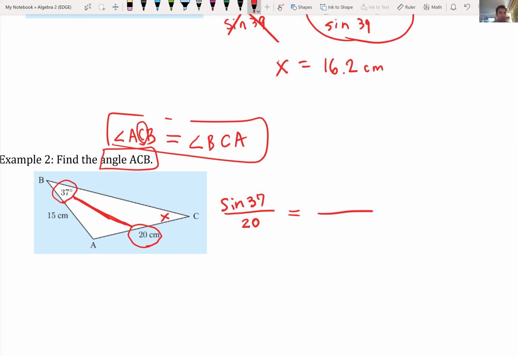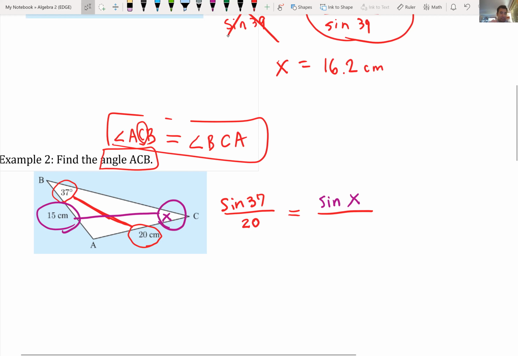That's the first pair. So you do sine of 37 over 20, okay? Now let's do the next pair. It will be sine of the angle, which is x, right? Sine of x is to 15. Does that make sense? That's the setup there.